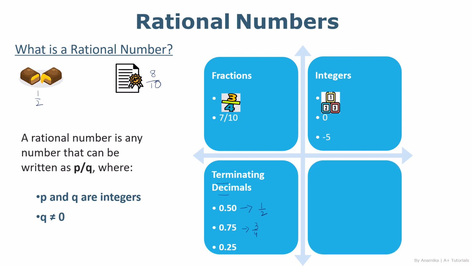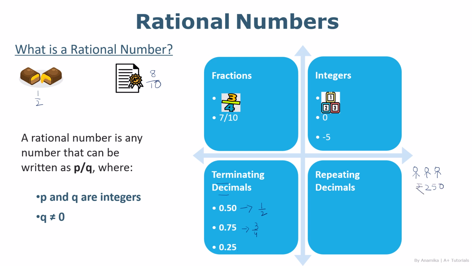Now comes something a bit tricky. Repeating decimals. Let's say you and two friends go out to a cafe and the total bill is rupees 250, and you decide to split it equally.